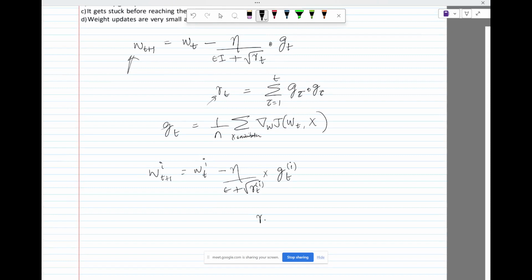So R_t^i is the sum from tau equal to 1 to t, g_tau^i squared.